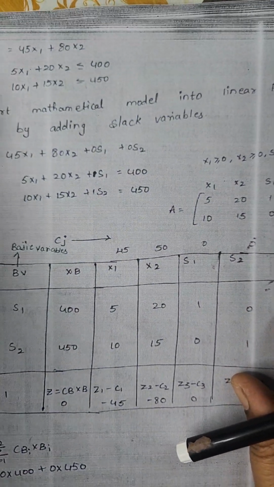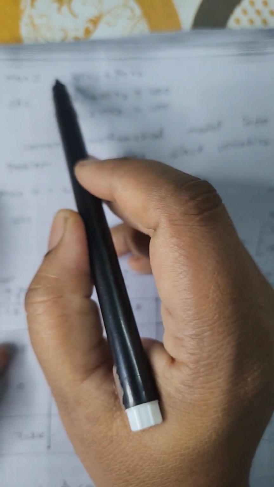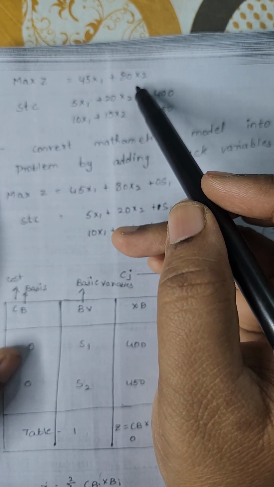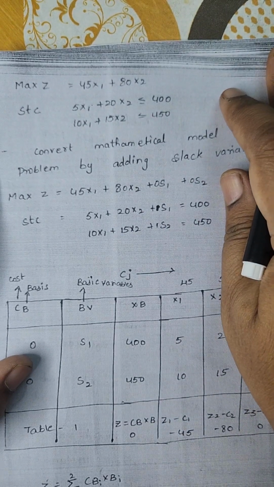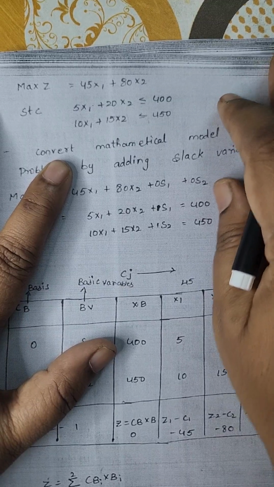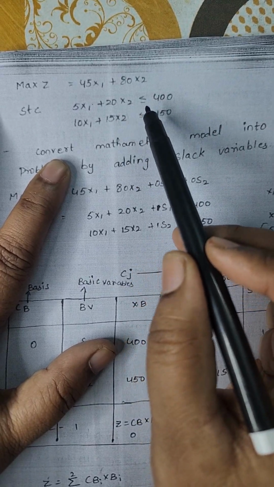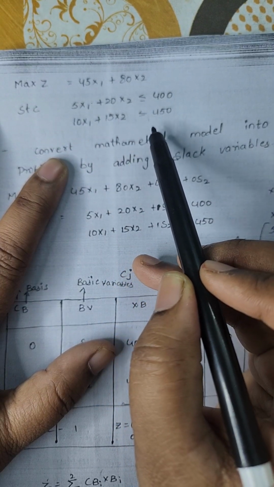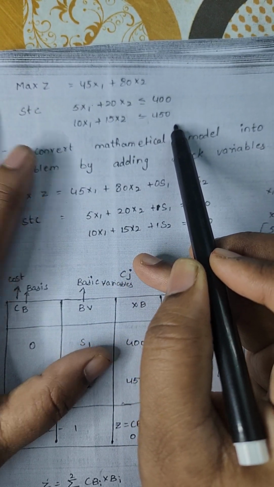So this is the question. Max z is equal to 45x1 plus 80x2, subject to the constraints 5x1 plus 20x2 less than or equal to 400 and 10x1 plus 15x2 less than or equal to 450.